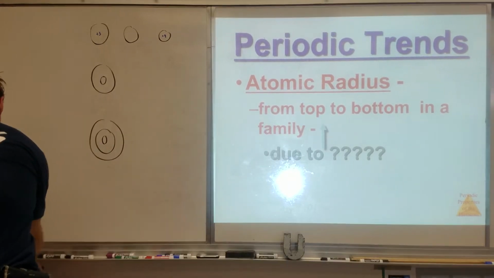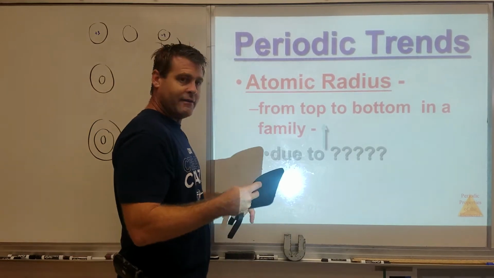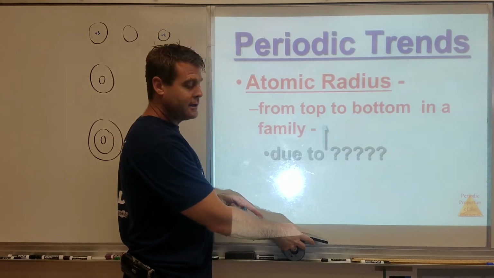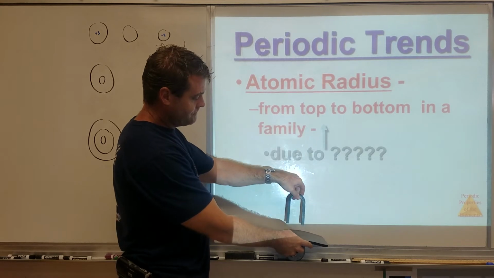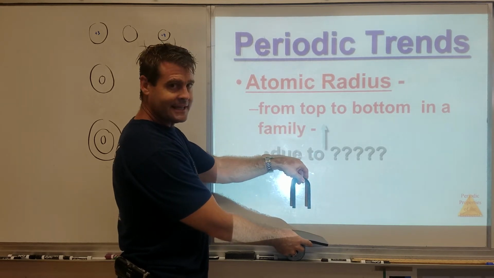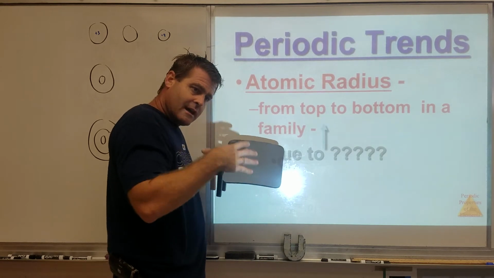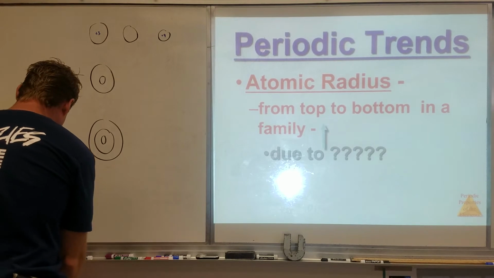Well, what if we have, you remember this is our valence electron in the outer shell, but we'd have underlying shells of electrons. So let's say I have one underlying shell of electrons. We call those the core electrons. What does that do to the force of attraction? Doesn't it lessen the force of attraction? And then just imagine more and more shells of electrons between the valence electron and the nucleus.